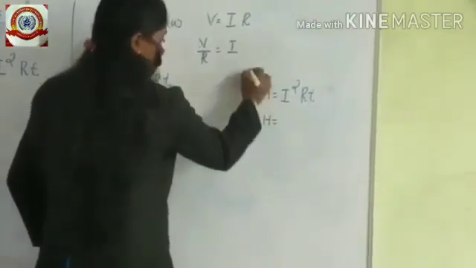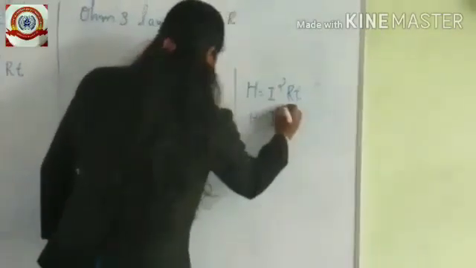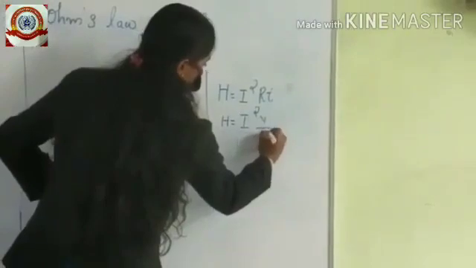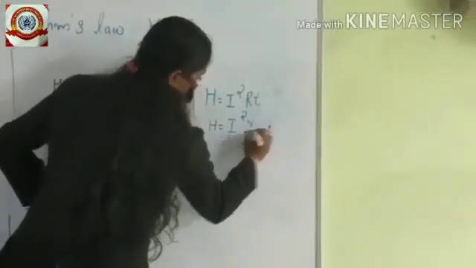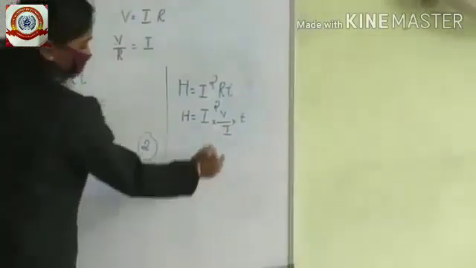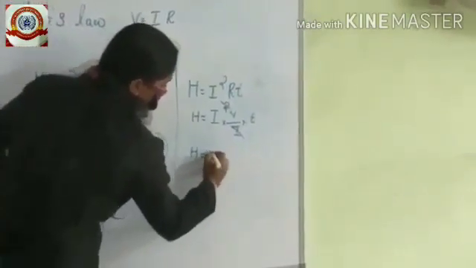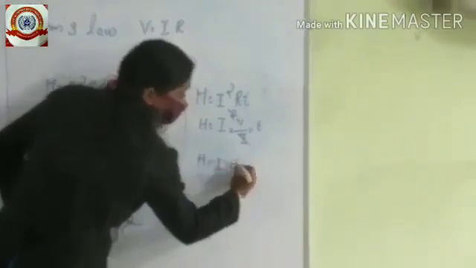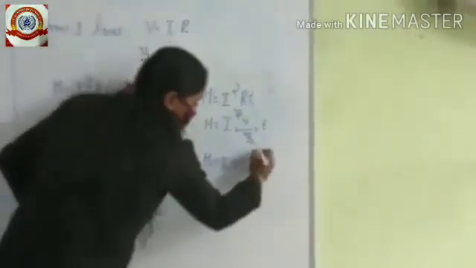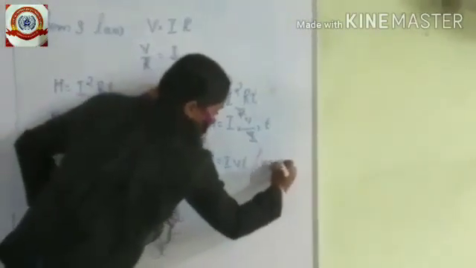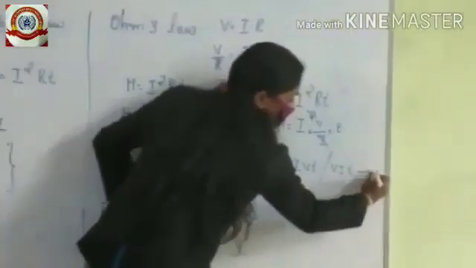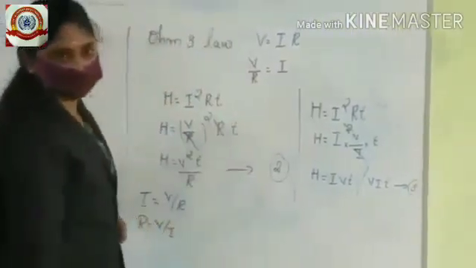H equals I square into V by I into T. Cancel I and I square. Then H equals I V T. It can also be written as V I T. This is the third equation. Do you understand?